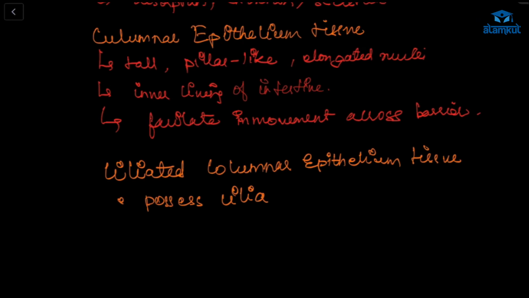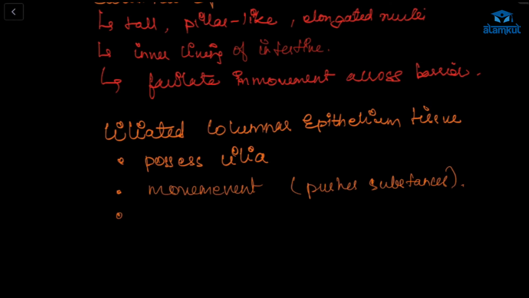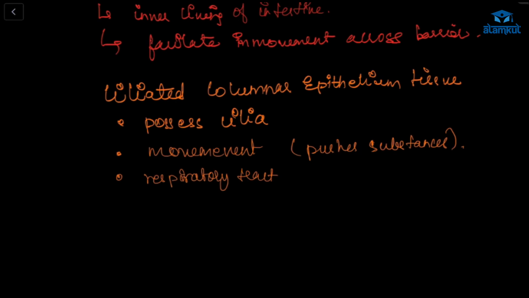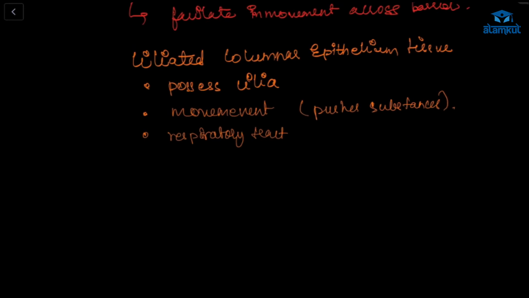So this helps in the transport of mucus, the movement of mucus and other things also. This movement pushes substances. Now where is it present? It is present in the respiratory tract, kidney tubules, and ducts.